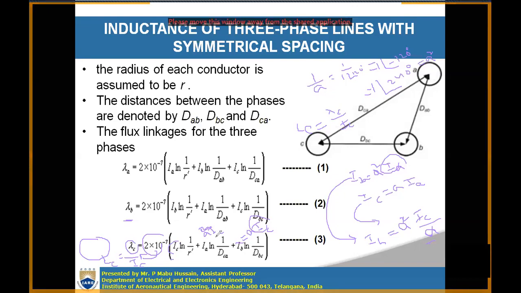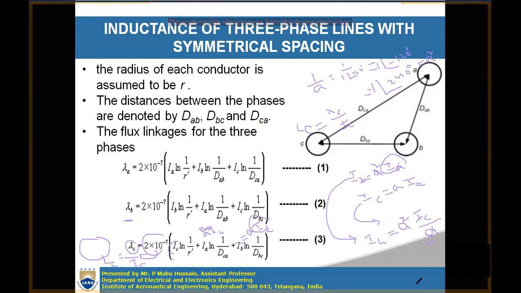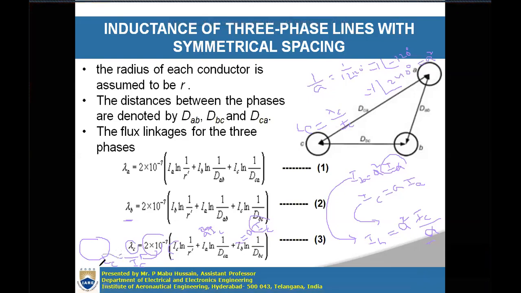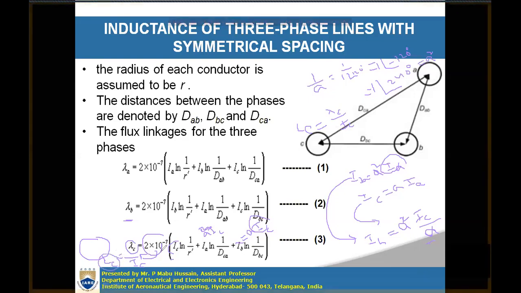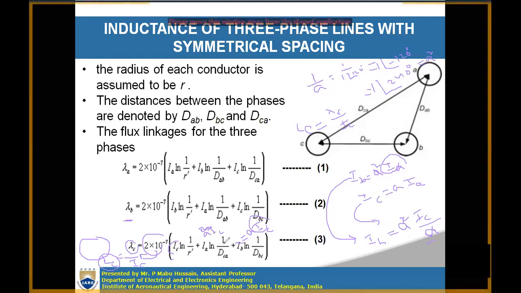And IB is A into IC. The final expression for inductance LC is equal to 2 into 10 power minus 7 ln 1 by R dash plus A square into ln 1 by DCA plus A into ln 1 by DBC. So this is the final expression.